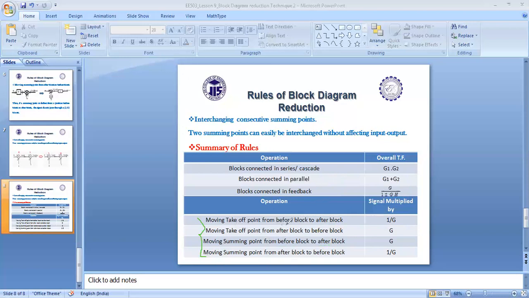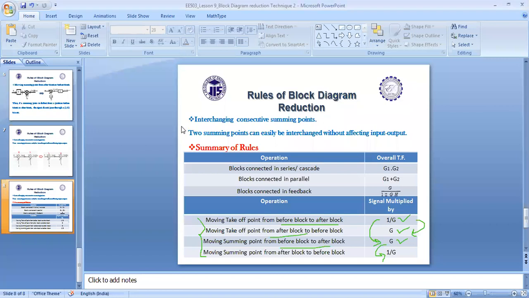Takeoff point before to after is 1 by G, then takeoff point after to before will be G. Summing point before to after is just the opposite, that is G. If summing point before to after is G, then summing point after to before will be 1 by G. So this is one way of remembering this.